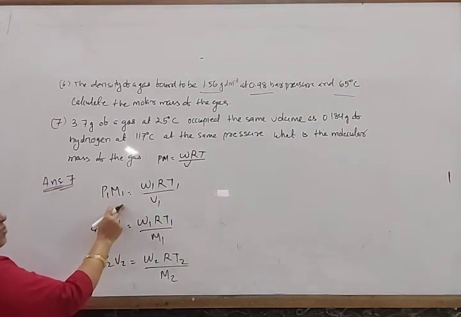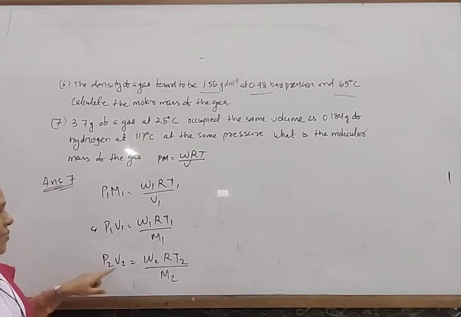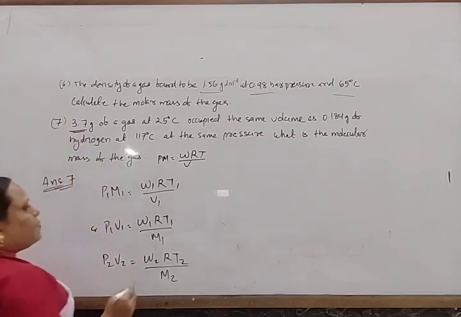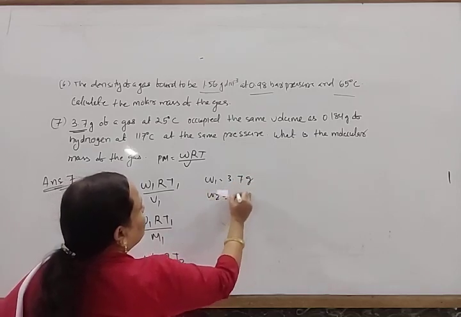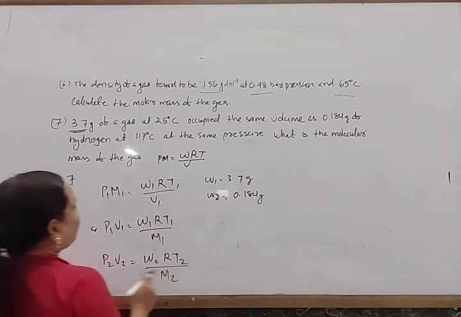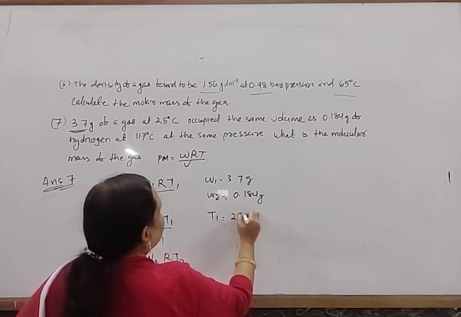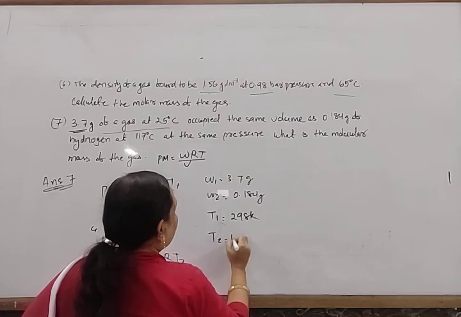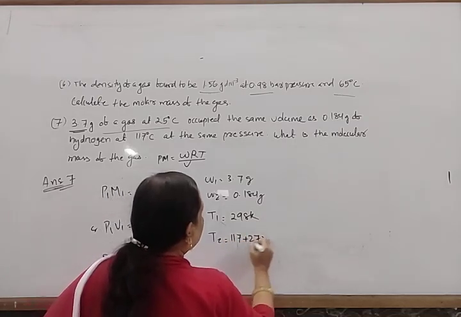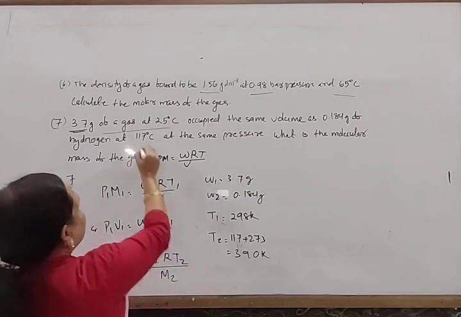W1 is 3.7 gram, W2 is 0.184 gram, and the given temperature T1 is 298 Kelvin, with the same volume, and T2 is 117 plus 273, that is 390 Kelvin.